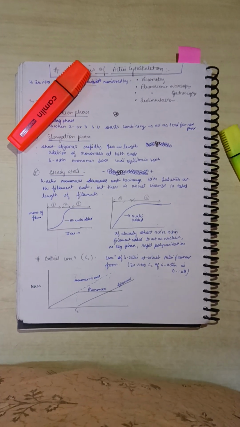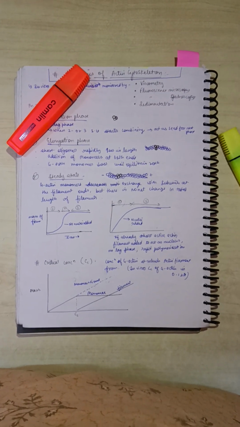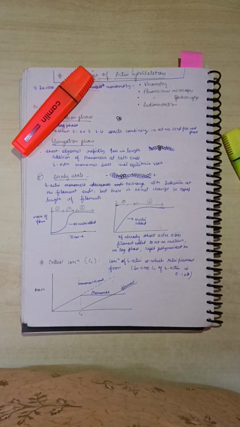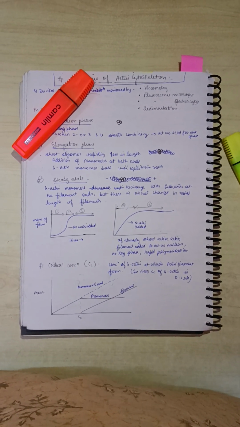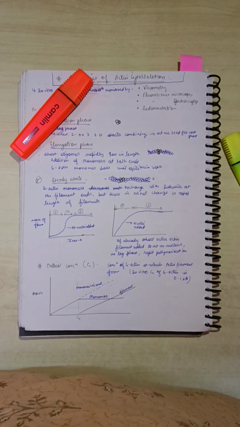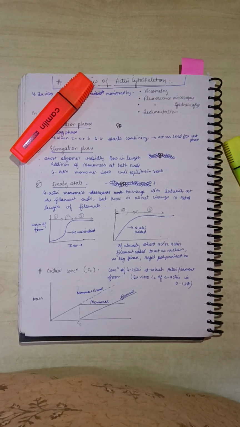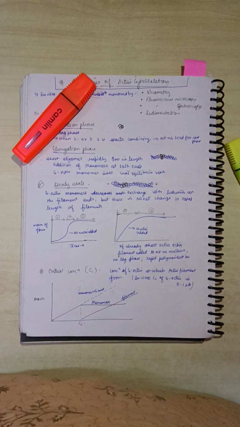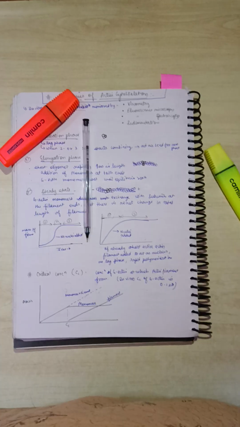In vitro, if we do polymerization in the lab, the critical concentration of G actin is 0.1 micromolar. Below, a graph is shown with mass on the y-axis and critical concentration on the x-axis.